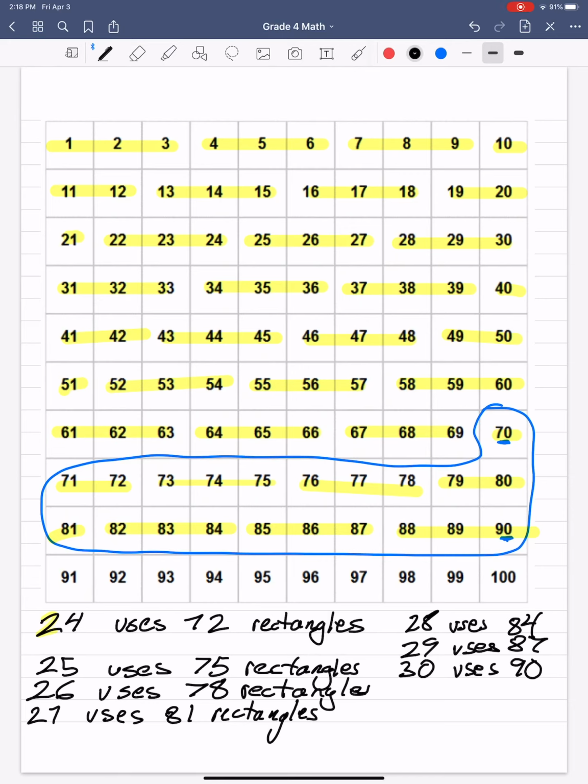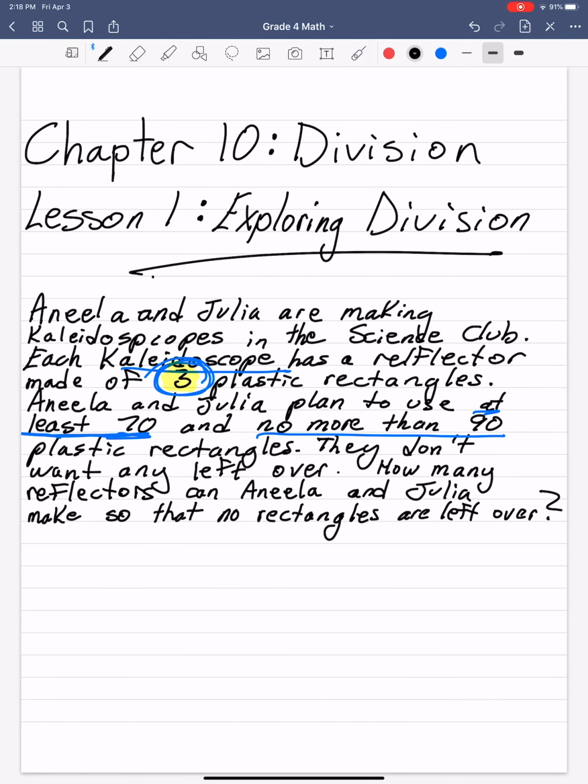So there's different possibilities there within that zone. They have to have at least 70, but no more than 90 rectangles with none left over. So if I look here now, I don't have any left over. I reached 90 and I used all of them. So I think that's a great answer. My question again, how many reflectors can Anila and Julia make so that no rectangles are left over?